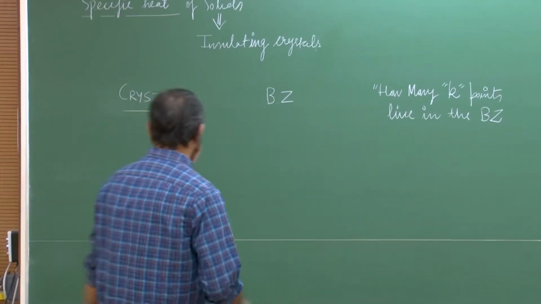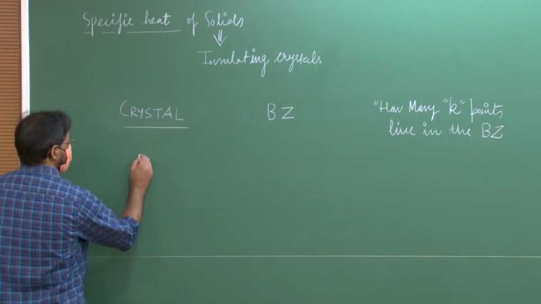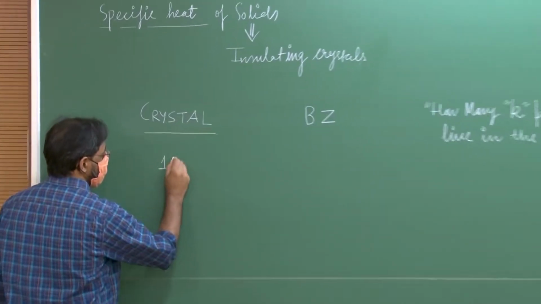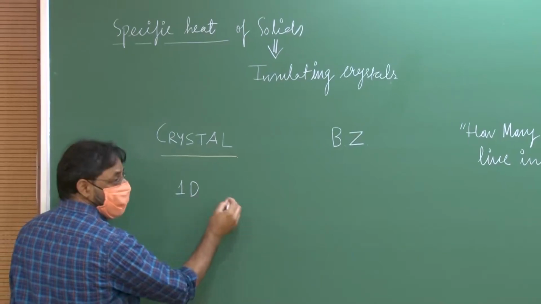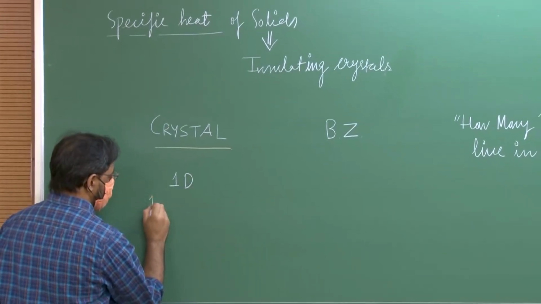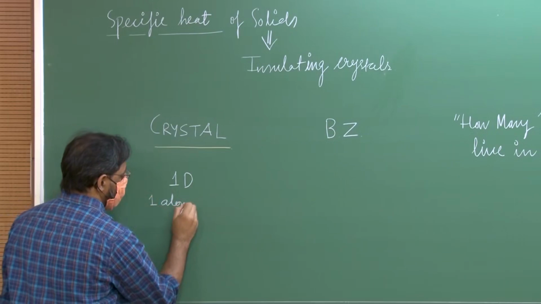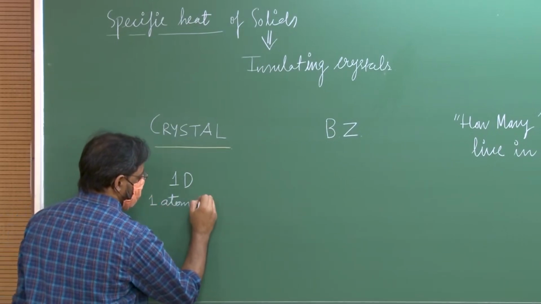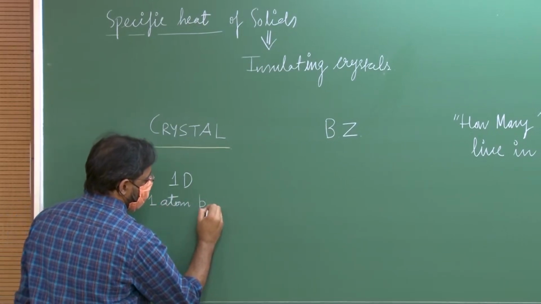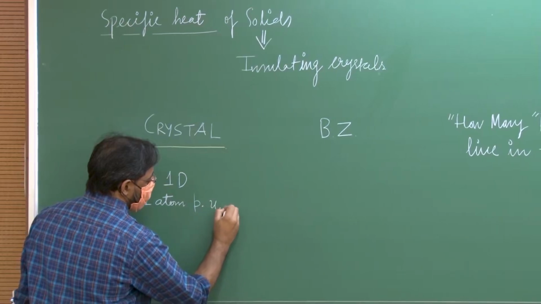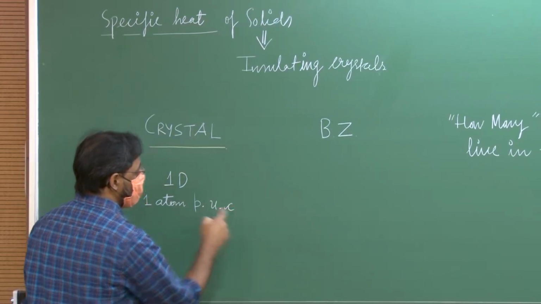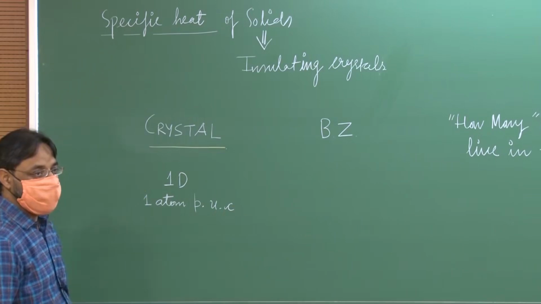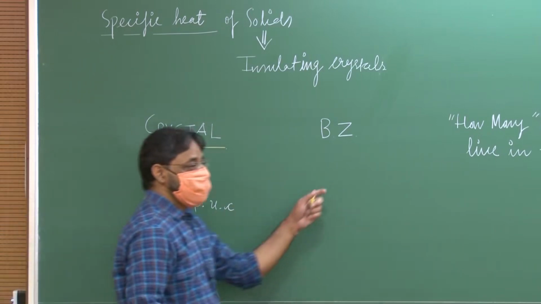Okay? So, first I take 1D with 1 atom per unit cell. So, it is really the monoatomic chain. I am going to write P.U.C. to mean per unit cell or per basis point. So, what is the size of the Brillouin zone?